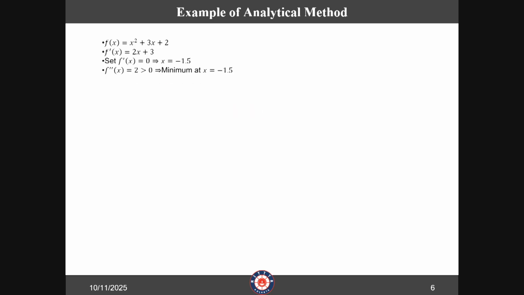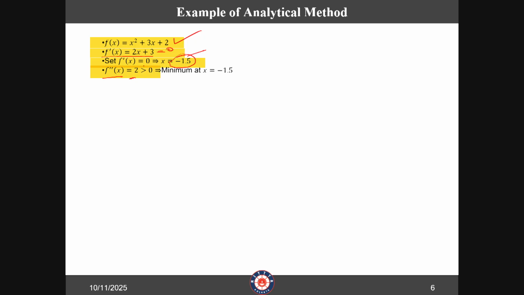So, in the example I have given, say the function is x square plus 3x plus 2. We take the first derivative and put it to 0, and we reach this. That means the function reaches its minimum value at x equal to minus 1.5, and the double derivative of the function is 2.